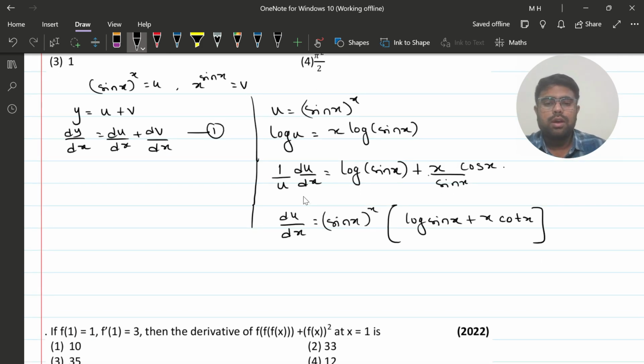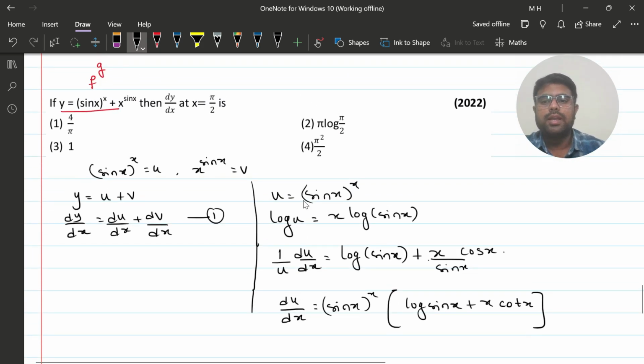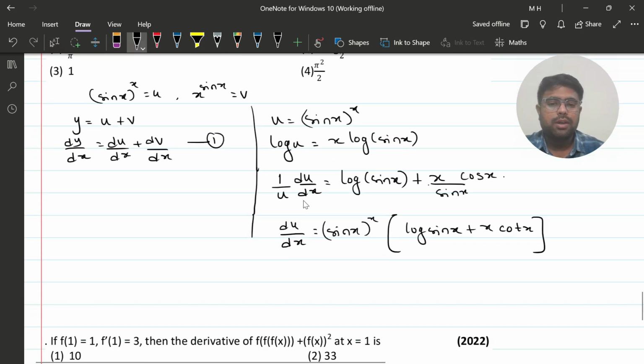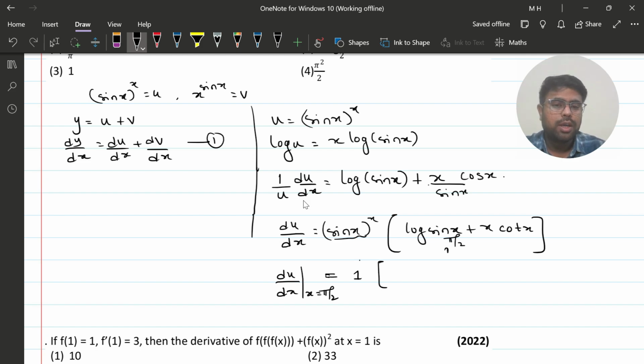Now you look, I need this at x equal to pi by 2, right? So if I put x equal to pi by 2, I will get du by dx when x equal to pi by 2. This is going to be equal to, what is sine pi by 2? It is 1. So 1 raised to pi by 2 is 1. What is sine pi by 2? It is 1 again.